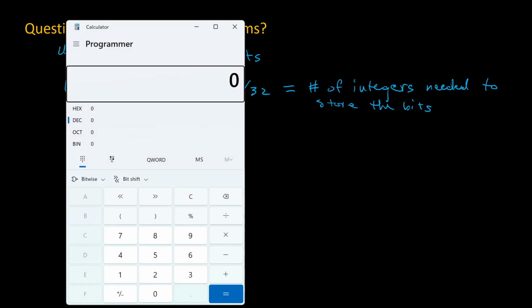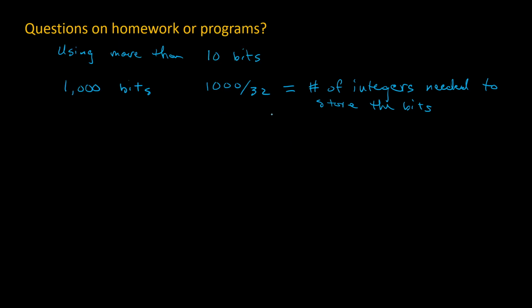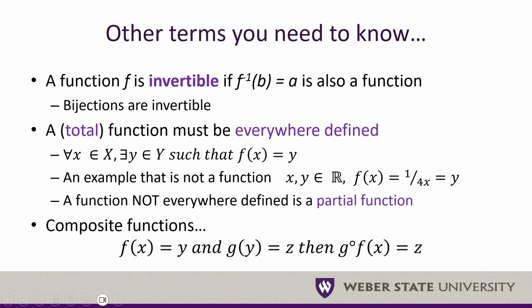Okay, so, darn, I don't have a numeric keypad anymore. 1,000 divided by 32 should be 3 something. Oh, 31. So I need 31 integers. Is it really exactly that?